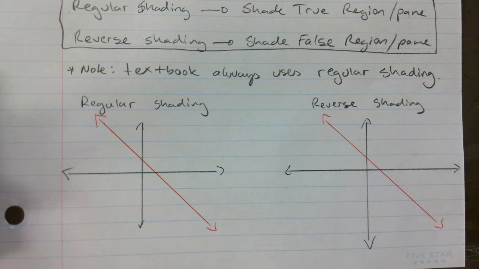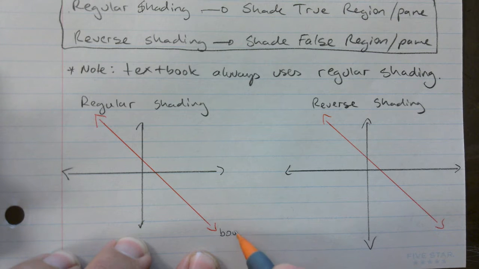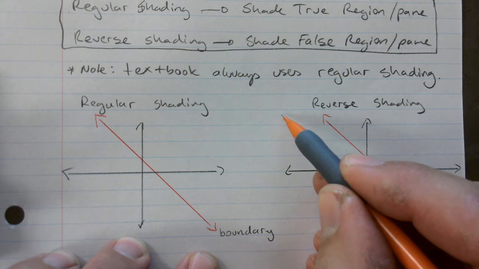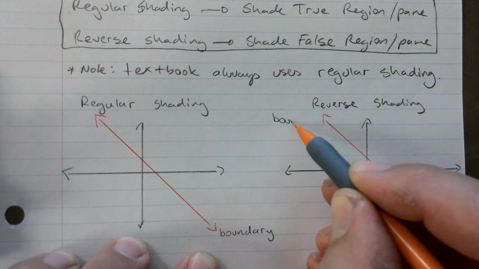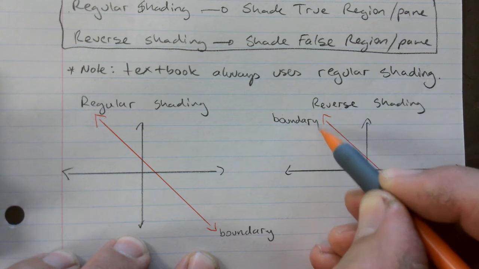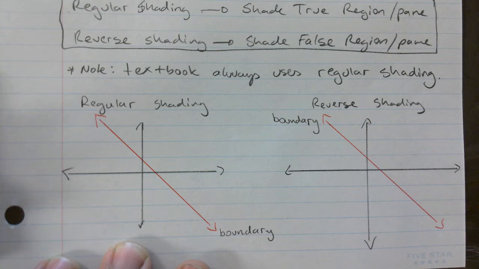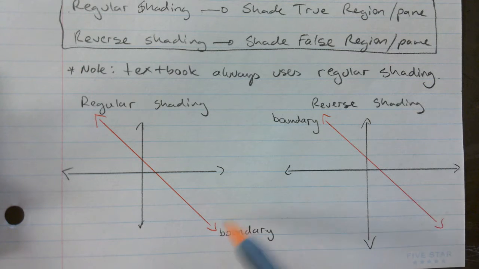So as you can tell, we still have lines, and this is the boundary. So every graph will have a boundary, right? So just label them boundary. Later on, we'll have an equation right there.